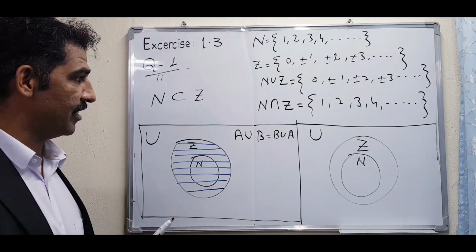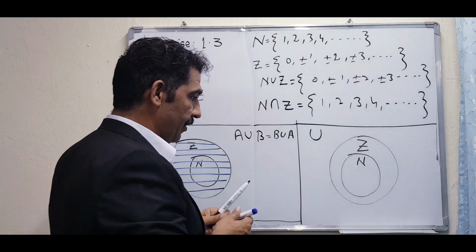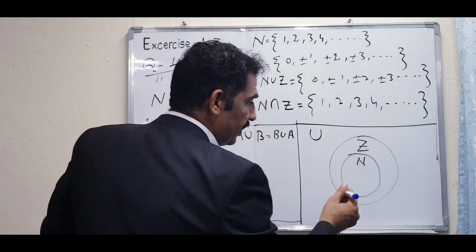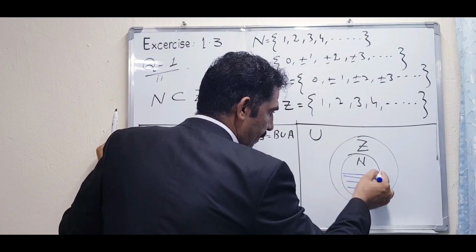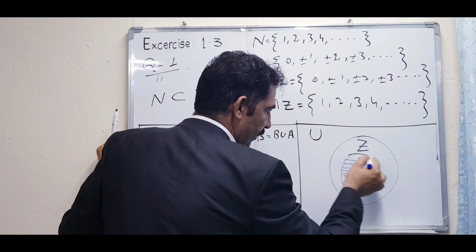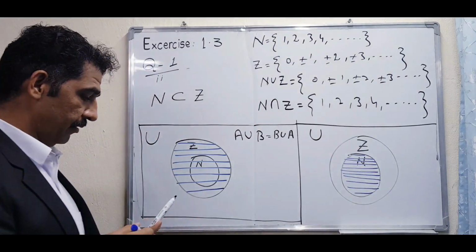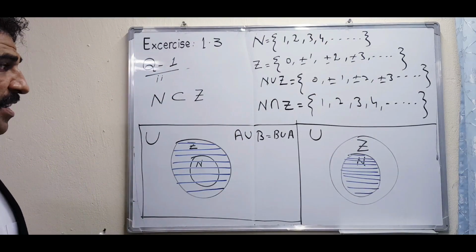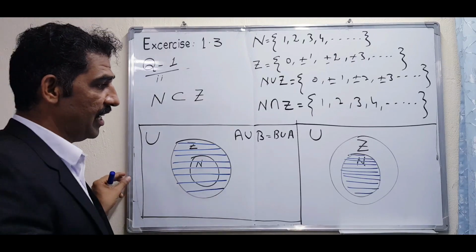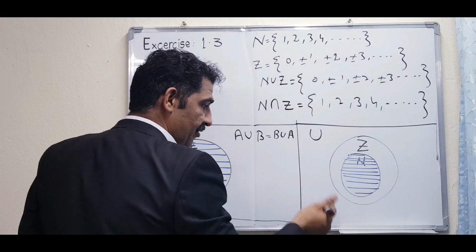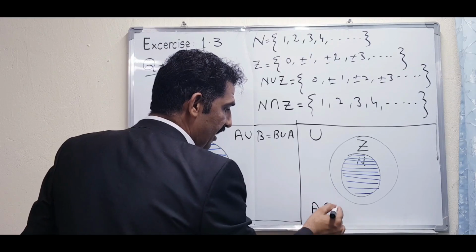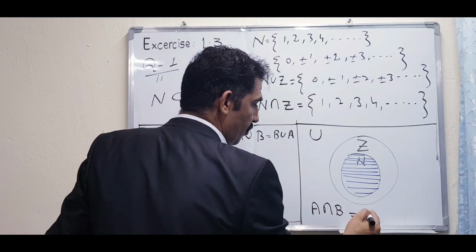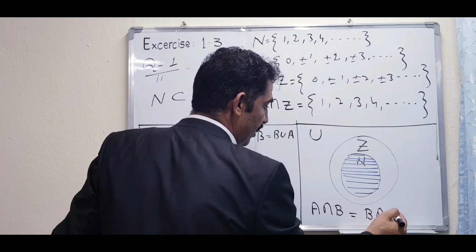So the answer for the intersection is the shaded portion, this one. That is our answer. For the commutative property of intersection, for both sides we have to make the same diagram. So we write A intersection B is equal to B intersection A.